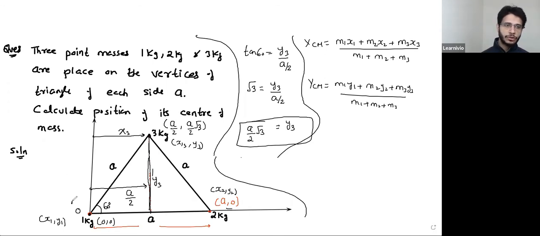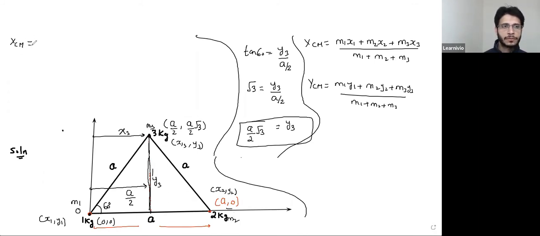So that is your m1, this is your m2, and this is your m3. It's 1 into 0 plus 2 into a plus 3 into a by 2, over 1 plus 2 plus 3.